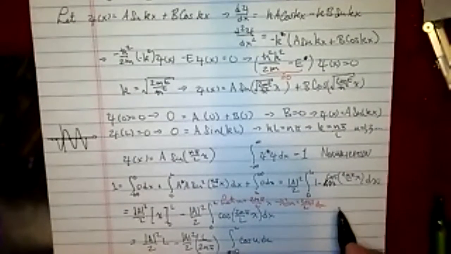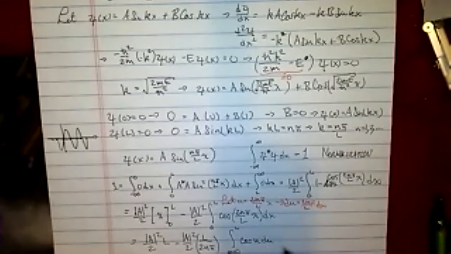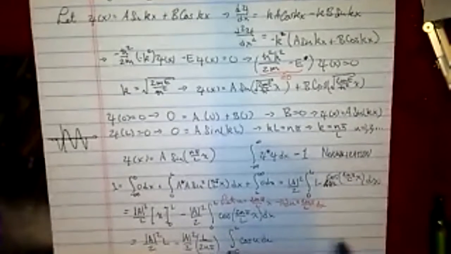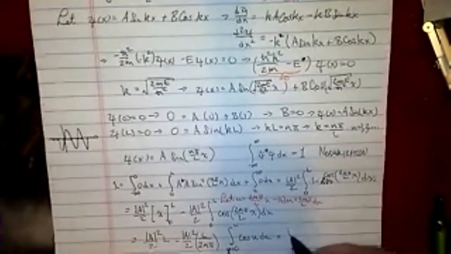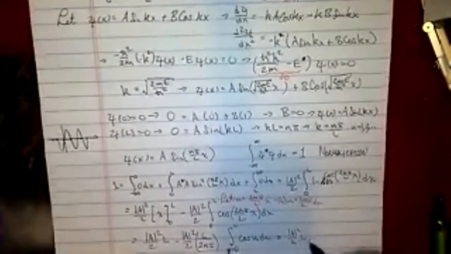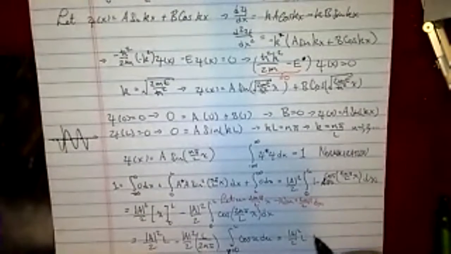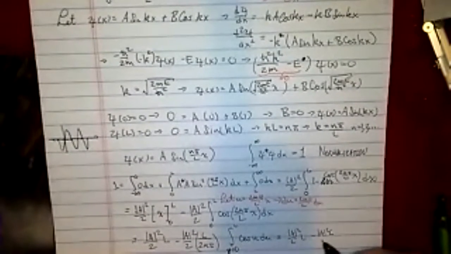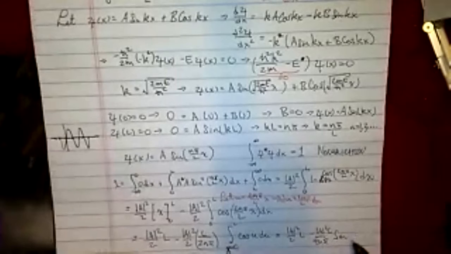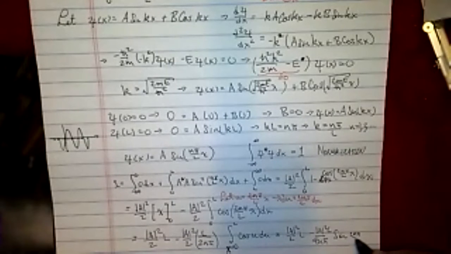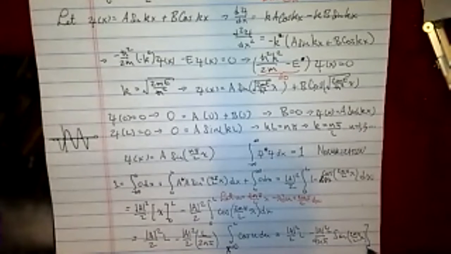Well, the integral of cosine u, since the derivative of sine is cosine, the integral of cosine must be sine. So I now have A squared over 2 L, and then minus A squared L over 4 n pi times the sine of 2 n pi over L times x evaluated at 0 and L.